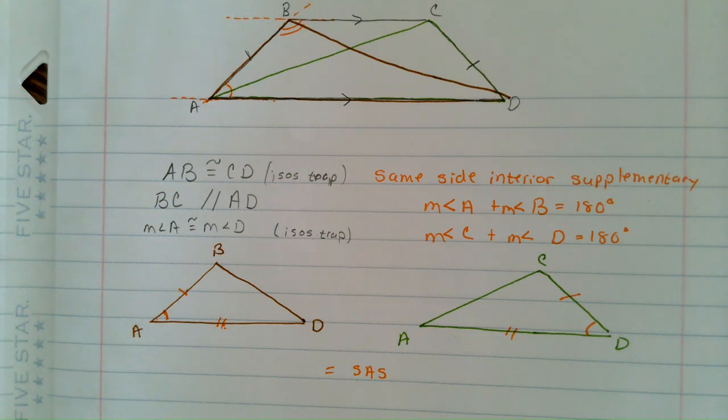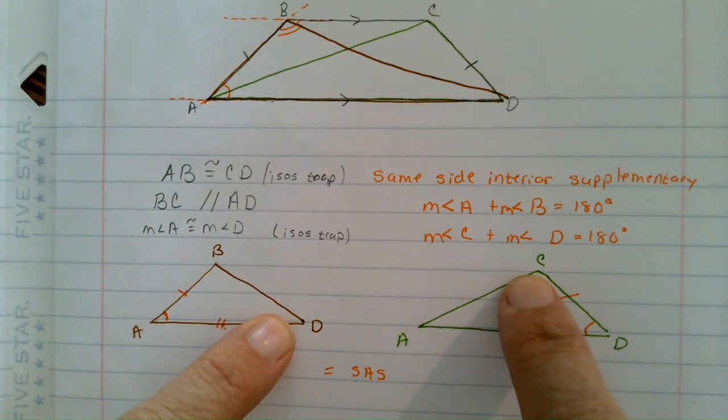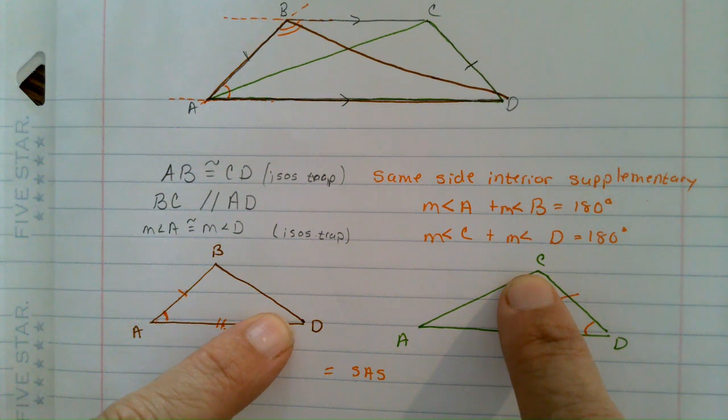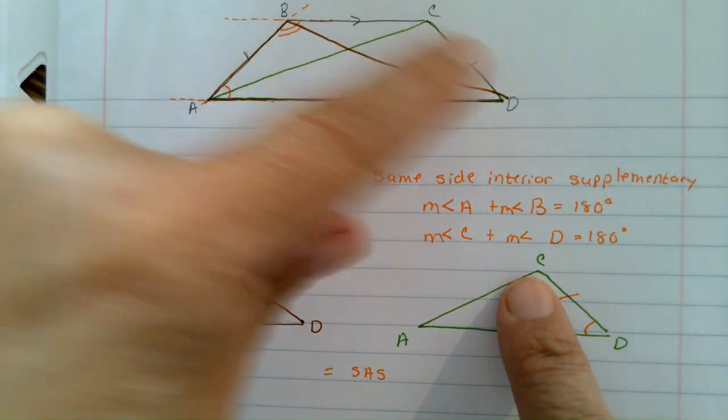then what else can we say? We can say the triangles are congruent. And if the triangles are congruent, then wouldn't BD have to equal AC? Because corresponding parts are congruent, triangles are congruent? Absolutely. AC is a diagonal, BD is a diagonal.